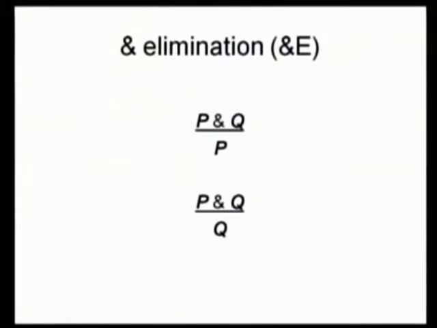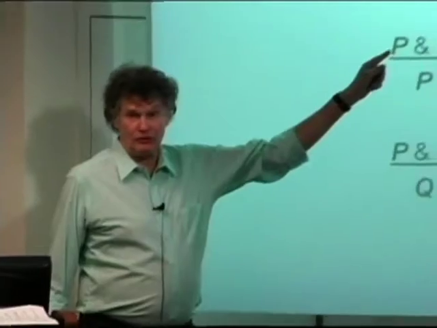The first one is what we call ampersand elimination, and the abbreviation for that is right there, ampersand, capital E. And once again, this is in standard form. This is the argument form that I think we learned in week 1. We've got a premise above the line and the conclusion below, and all this says is that if you have P ampersand Q, you're entitled to infer P, and that's for any atomic or molecular sentences.